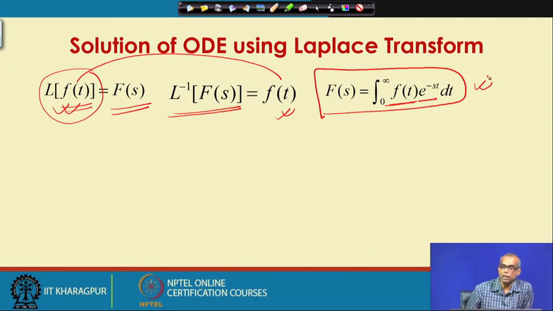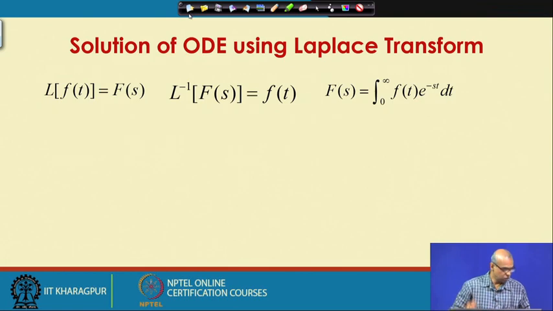This integration has to be carried out. In all standard textbooks of process control, there are tables showing the Laplace transformation of various functions as well as inverse Laplace transformation of various equations or functions. Looking at those tables, you should be able to solve ordinary differential equation using Laplace transformation.